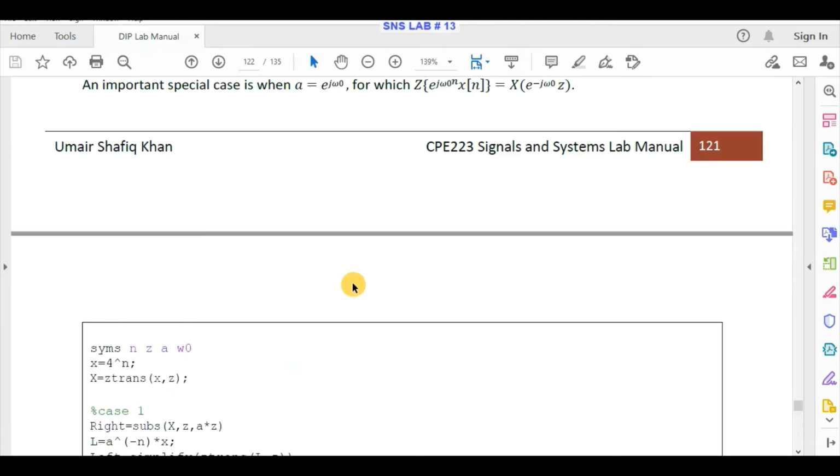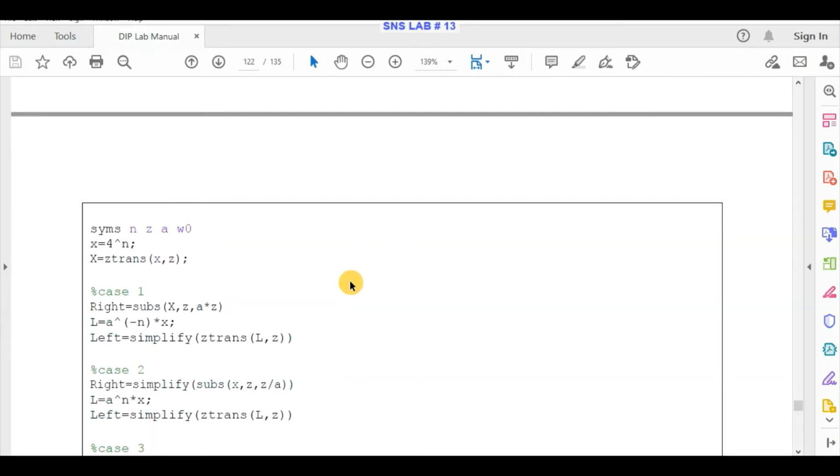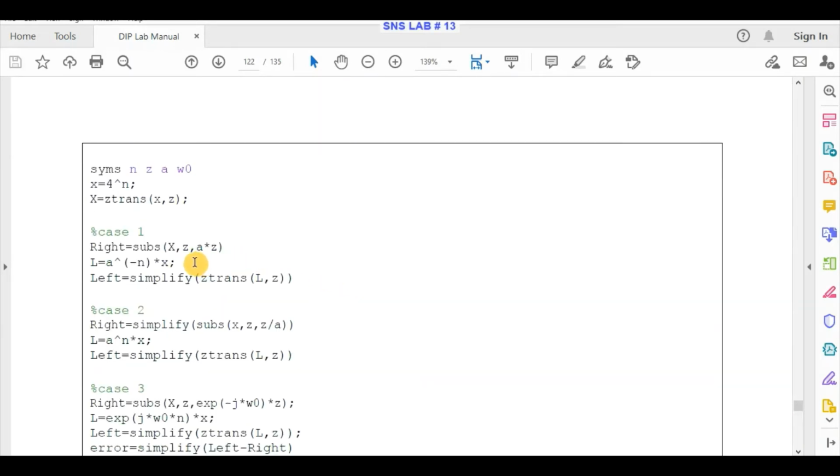For case 1, here we will replace our z with a multiplied by z. Case 1 is a case of compression, and here we are using subs, which is actually a function of substitute.